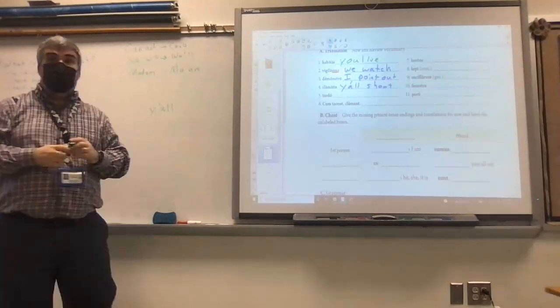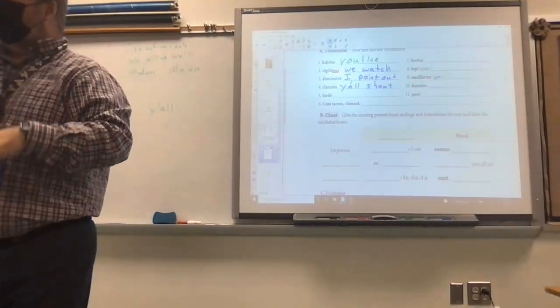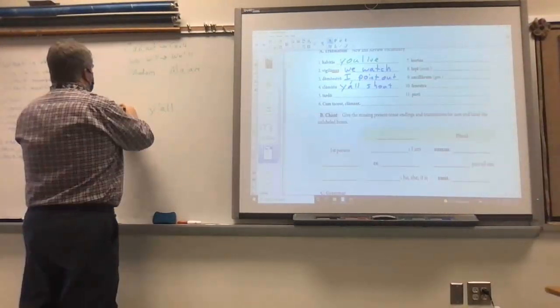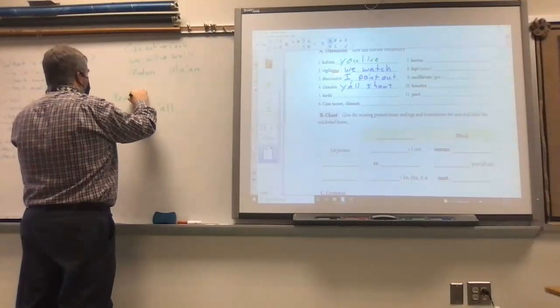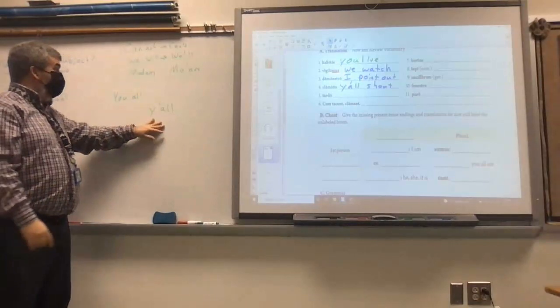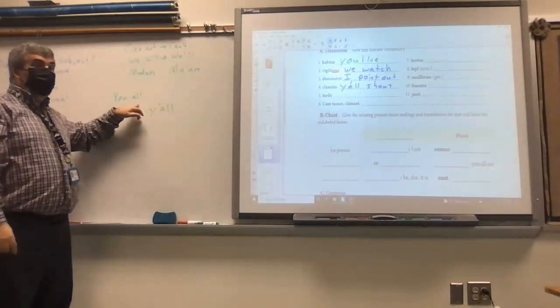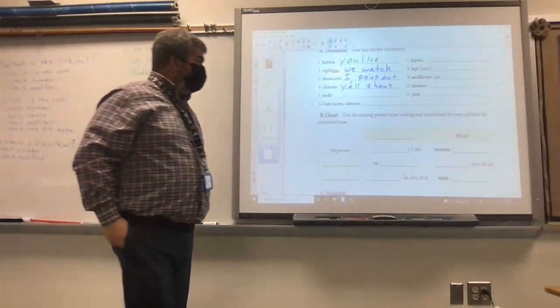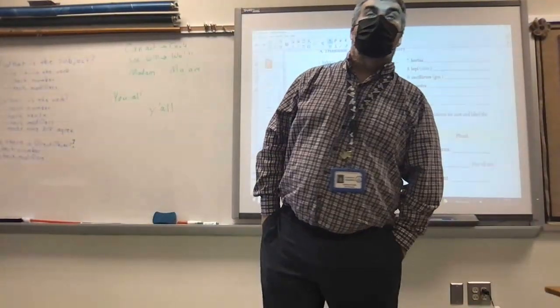So sometimes a contraction could just be one word where we've taken out a letter. I thought that was pretty cool when I learned that. And so y'all, and I think Connor, I heard you say this, and if you did, you're correct. And if you didn't, whoever said it was correct. Y'all is a contraction of you all. All right. Excellent.